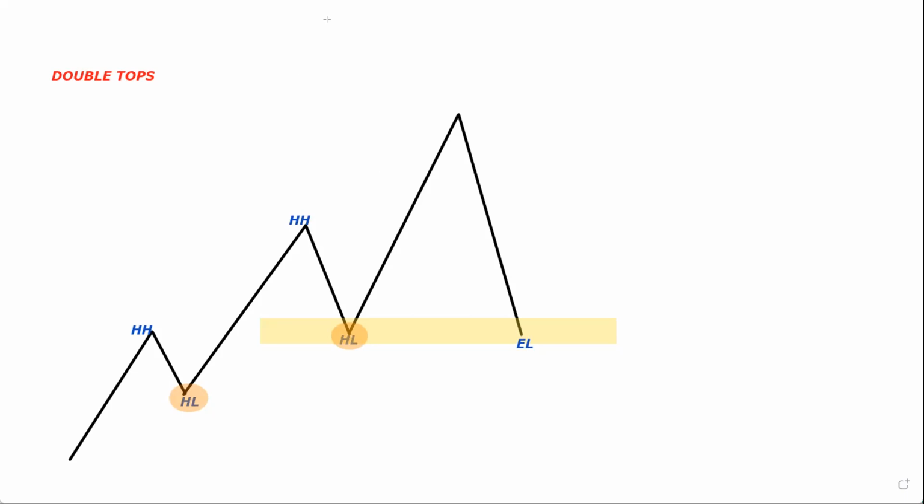But if this market decides to push back up here and creates a high that is equal to this previous high, so this was a higher high, but now this high is equal to this high, it has created an equal high, which means that it did not break the structure. It never broke the structure.